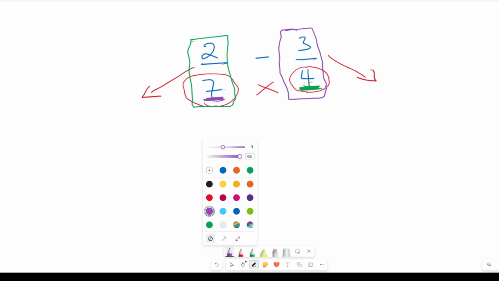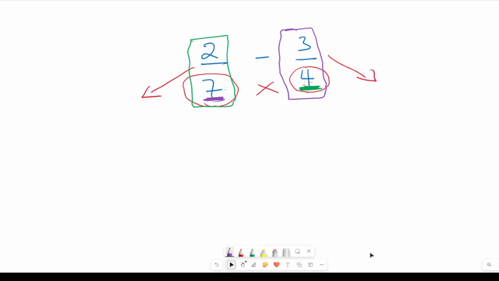So still using the concept of equivalent fractions, we don't want to go the LCM route yet. We want to use equivalent fractions, but we were not lucky. We didn't get denominators that were easy multiples of each other, but we are still determined to use equivalent fractions. So we cross multiply essentially.